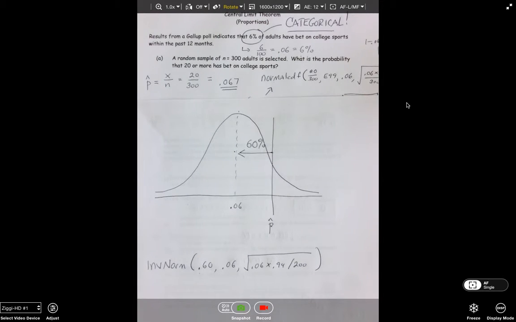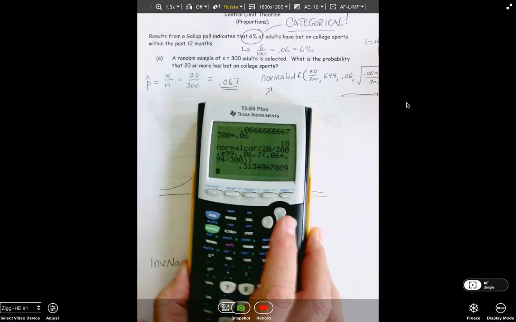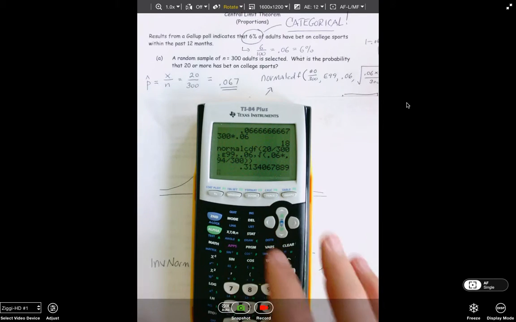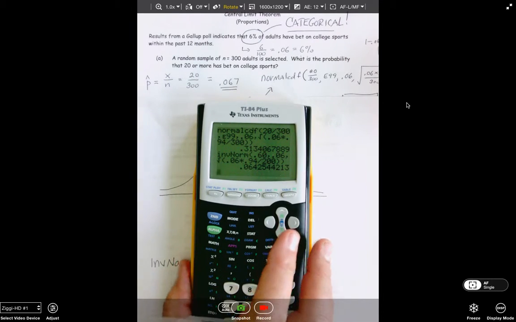The mean and the standard deviation just turn out to be different. So guys, the correct answer is 0.0643.